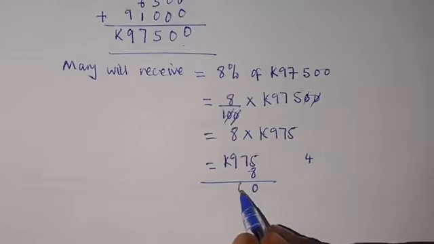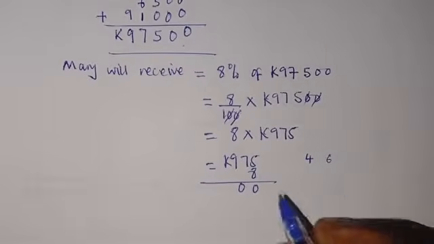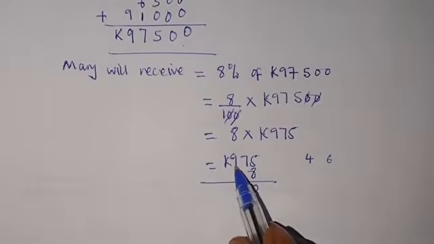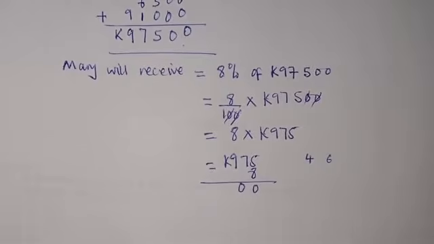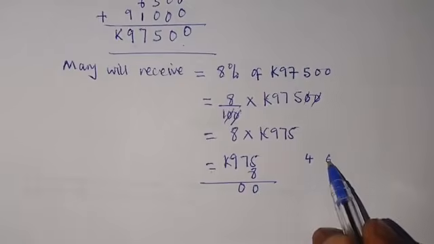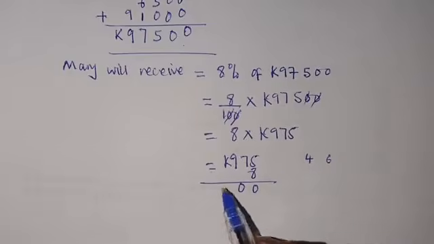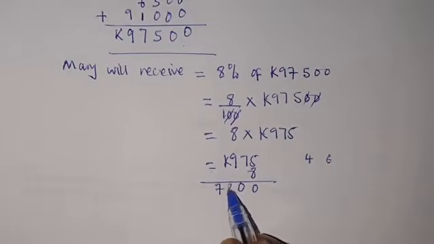So again we write a 0, we carry a 6. Again 8 times 9, we know that it gives us 72. So 72 plus this 6 that we are carrying, you are going to get 78.